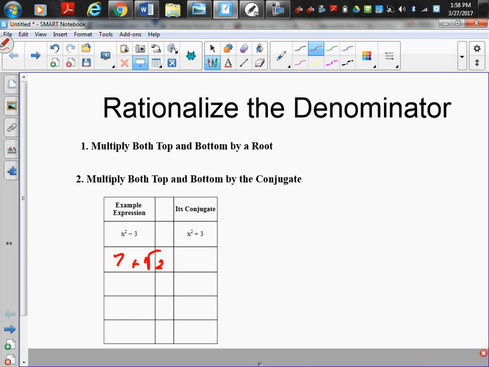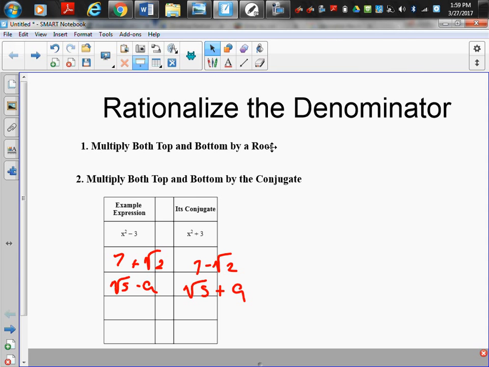Yes, conjugate would be 7 minus square root of 2. Alright, so what if I give you square root of 5 minus a? Square root of 5 plus a. Alright, so the conjugate, only thing that changes is the sign between the two pieces of the binomial.